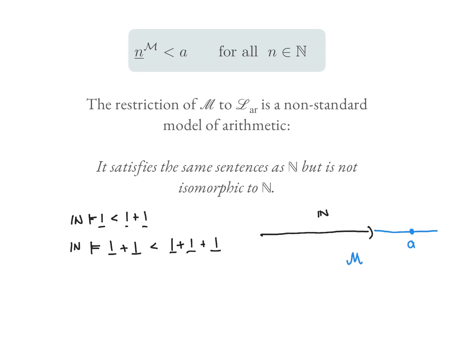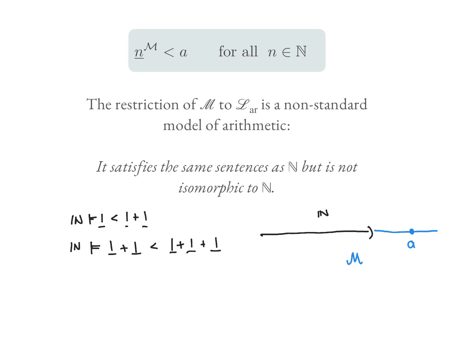So now if we were to find an isomorphism between M and ℕ, A would have to be mapped into the natural numbers, but it would then have to land between two natural numbers. But by our construction, A has to be bigger than every natural number. So such an isomorphism cannot exist.